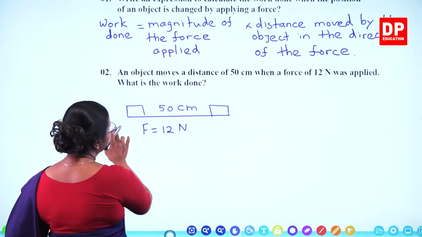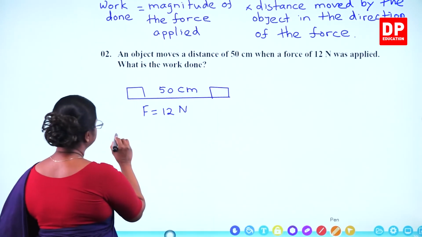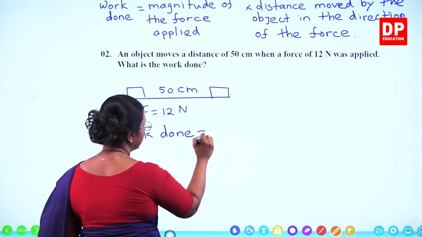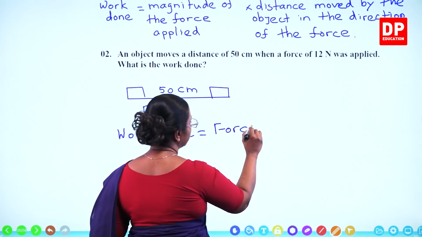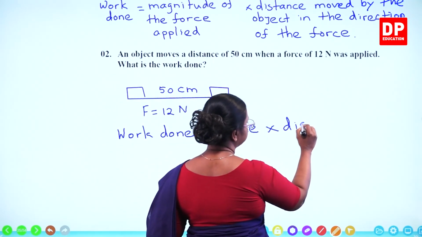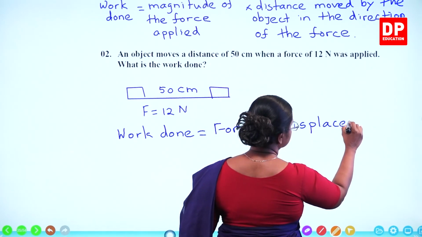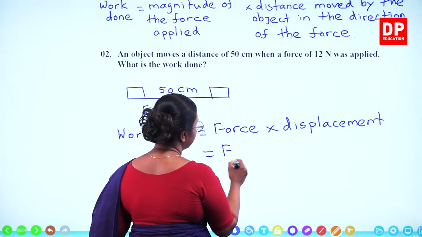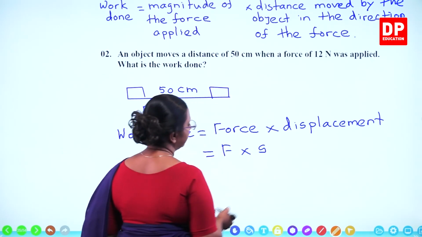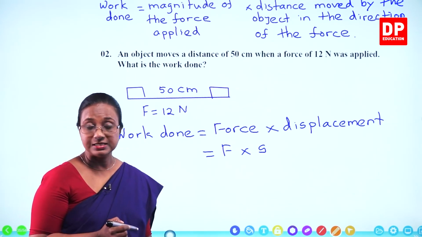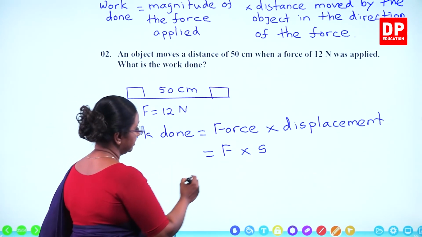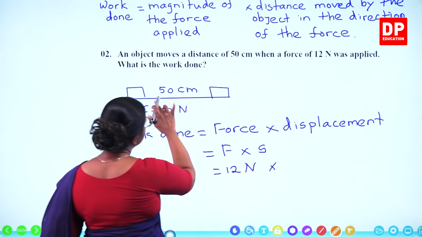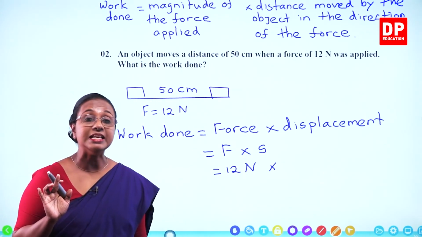So if you are to calculate work done, here we can easily write the short equation. Work done, force into displacement. Or we can even write it as F into S, the displacement. So there you can see 12 Newton force, but the displacement should be in meters.